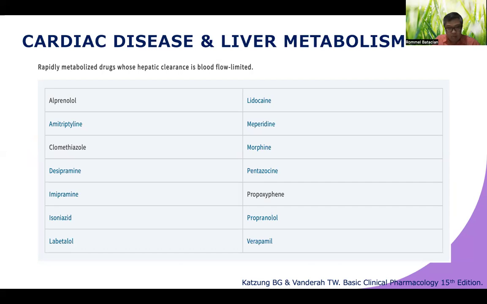However, there is what you call an interaction between the heart and the liver. So, in the presence of cardiac disease, wherein there is a decrease in cardiac output and blood flow to the other organs, the liver, which also gets a high proportion of the cardiac output, can have impaired disposition of certain drugs whose metabolism is flow limited, such as these medications seen in this table.